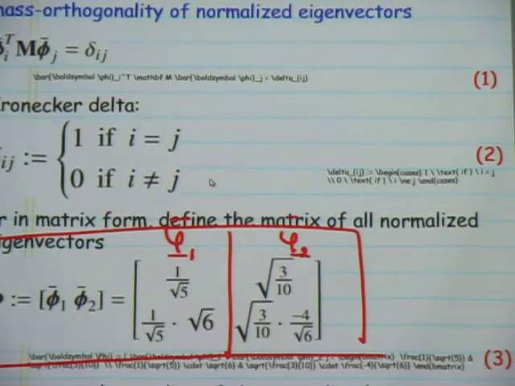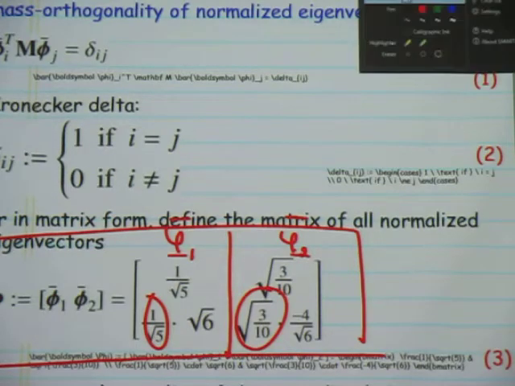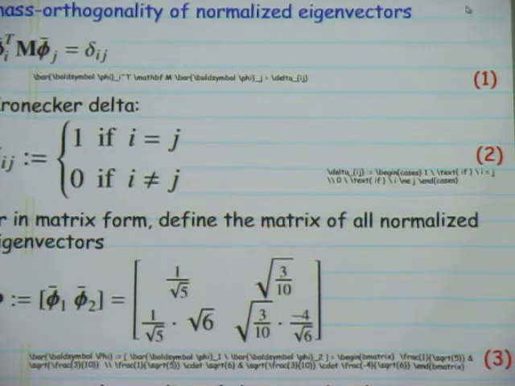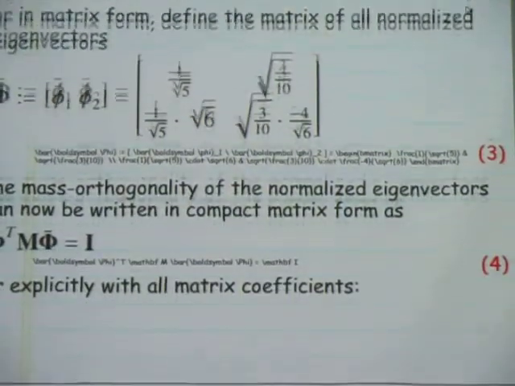The over bar just designates that these eigenvectors have been normalized with respect to the mass. All right. Okay, recall that the normalization factor was 1 over square root of 5 and square root of 3 over 10 for these eigenvectors respectively. Okay. So let's move forward.